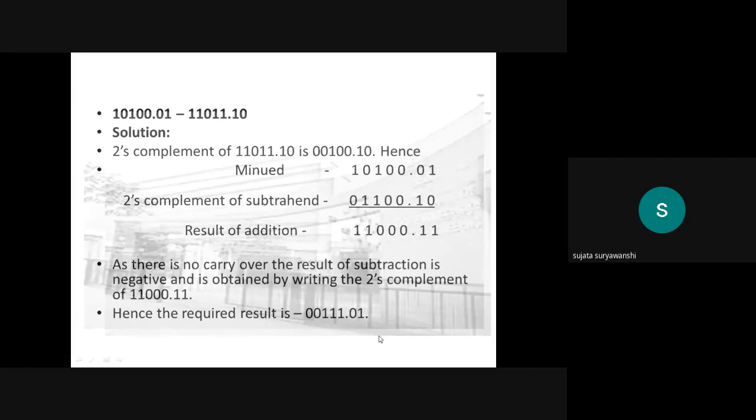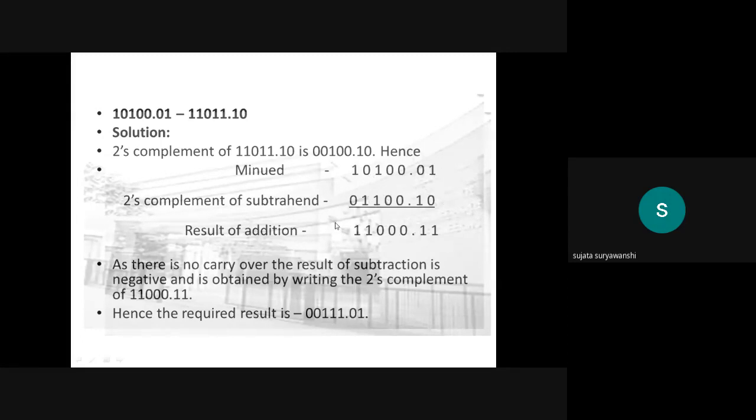After getting the 2's complement of the second number, just add the binary magnitude of the first number to the 2's complement of the second number. And after that, if your result gets carry 1, means what? Here you have added 6 bits for the first number and for the second number.